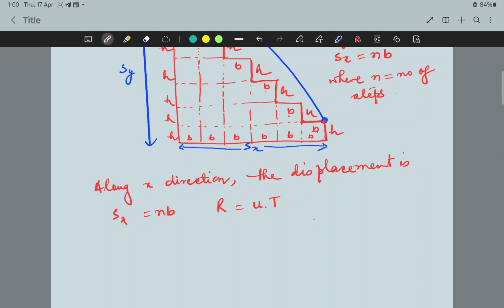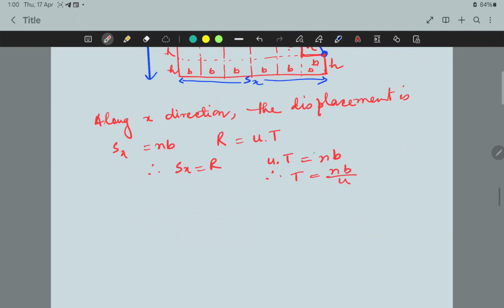Okay, so here sx is equal to R, so we can write ut is equal to nb. Therefore t is equal to nb by u. So we got the time.